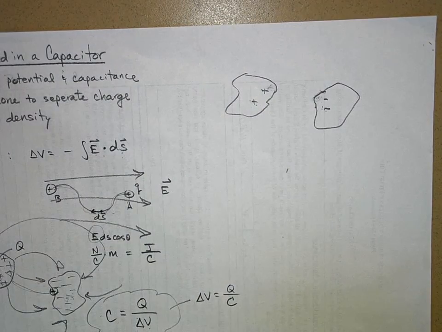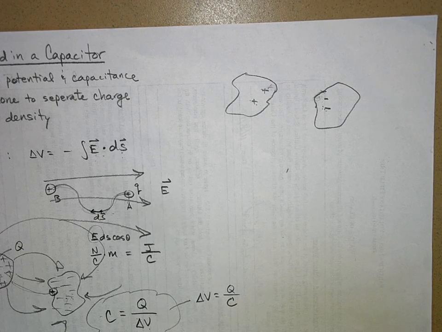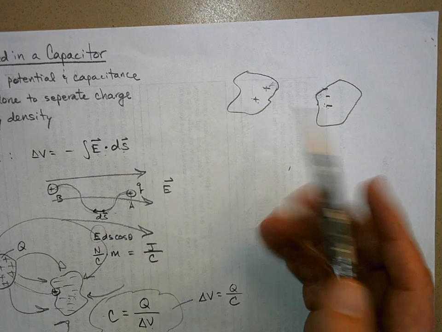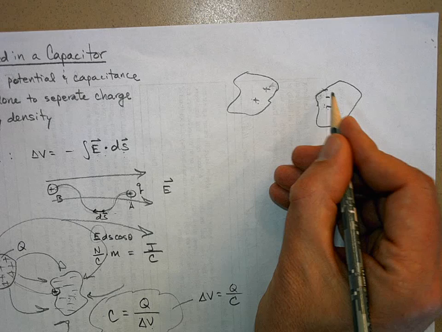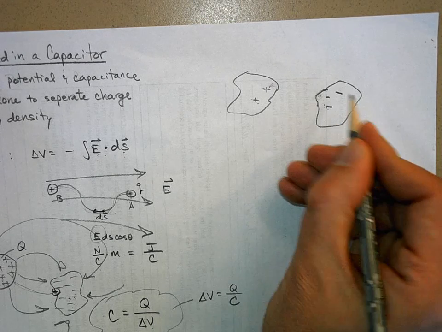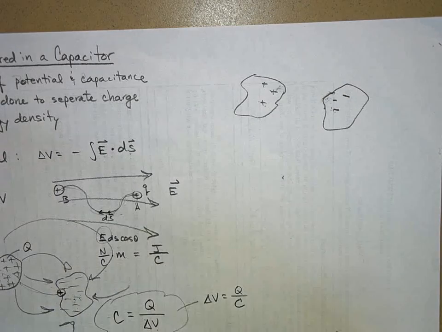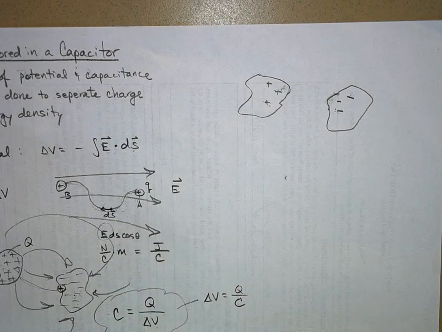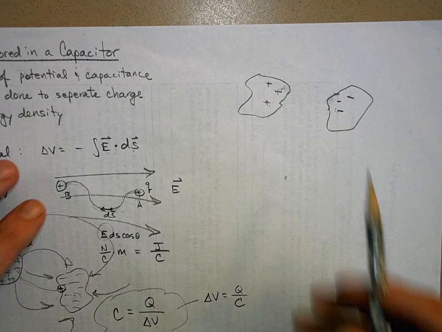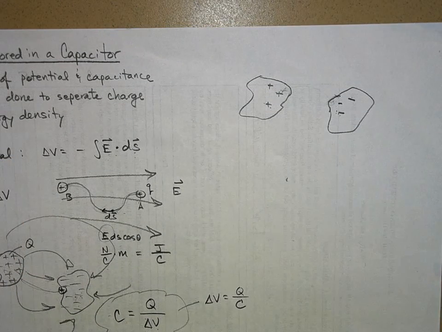Well, now the field's a little bit stronger. So now to take another positive test charge away from here and deposit it over here, now I've got to do more work per unit charge to go from here over to here. In other words, the voltage is dependent on the charge.